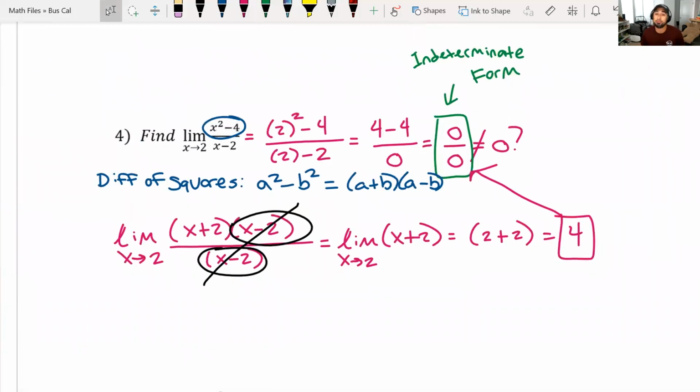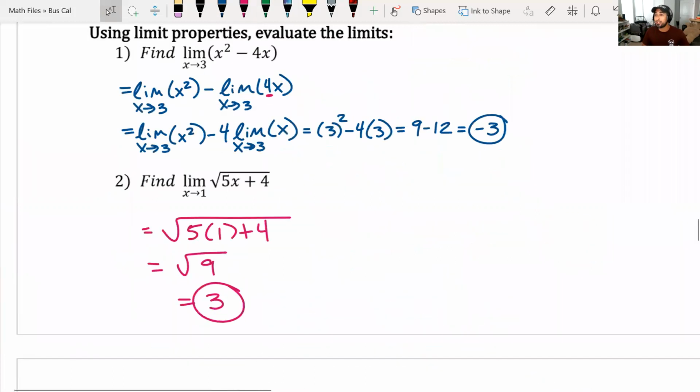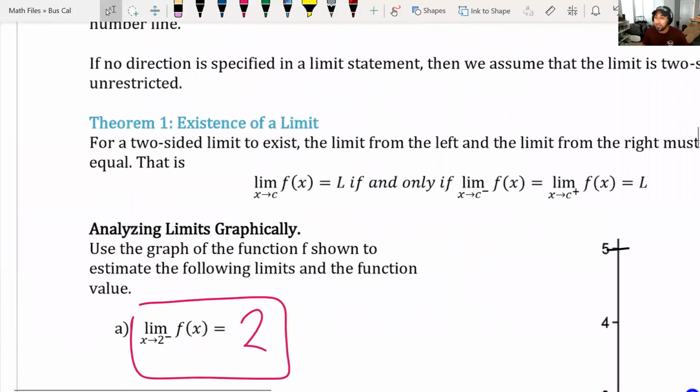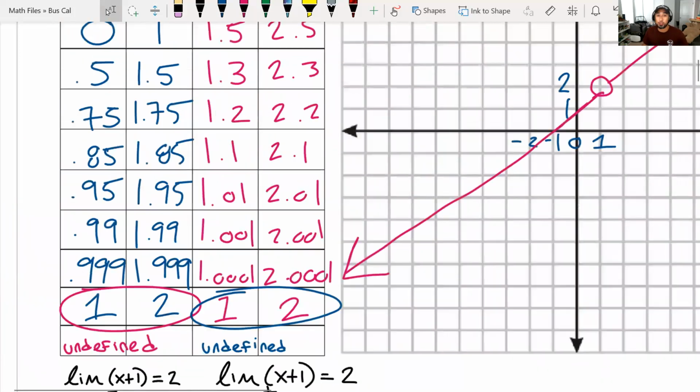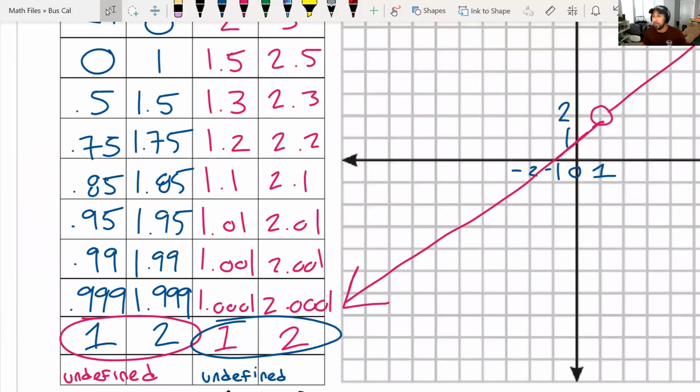So once again, if you ever run into an indeterminate form, you have to start back and look at the problem and think, how can I fix this algebraically? And if you cannot fix it algebraically, well, then you go back to the very first page and make those gruesome XY charts to figure it out.